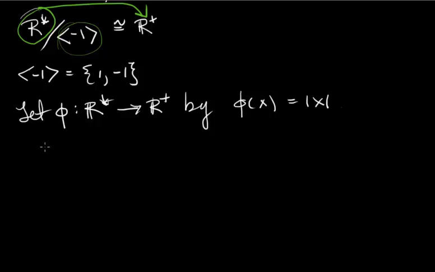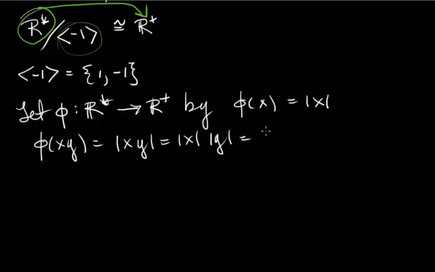So we don't have to say much there. Let's do phi of xy equals the absolute value of xy, which is the absolute value of x times the absolute value of y, which is phi of x times phi of y. Therefore, phi is a homomorphism. Phi is onto. Obviously, any positive real number is the absolute value of itself, for example.